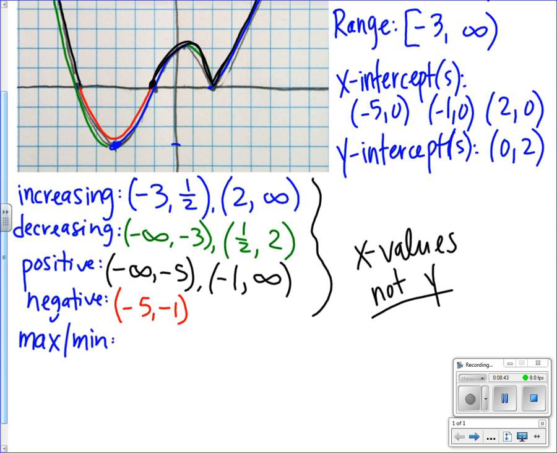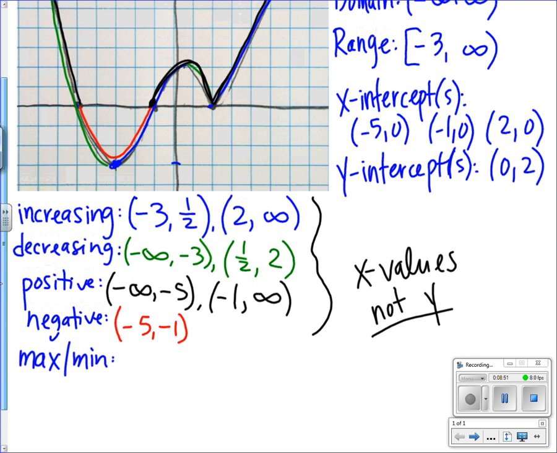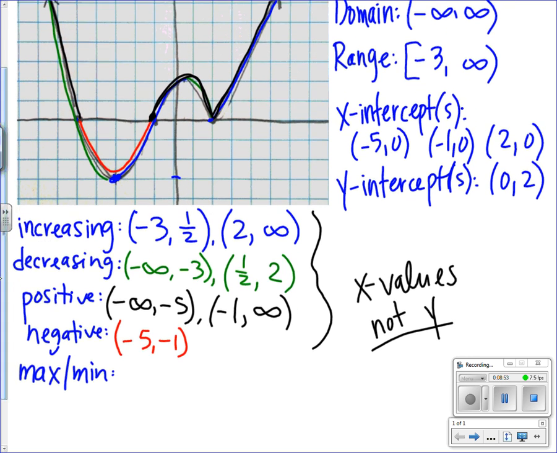So is there a point that this function will never go below or above? Okay, so it will never go below this point right here, right? So if your range is not negative infinity to infinity, then you have a max or min. So if our range is negative 3 to infinity, then we have to have a max or a min.